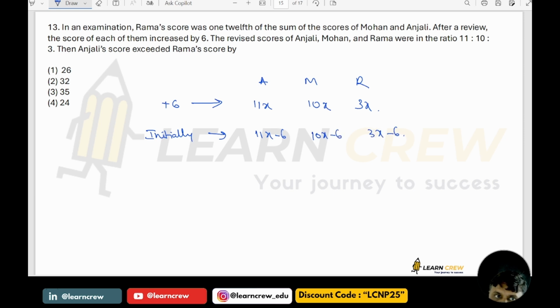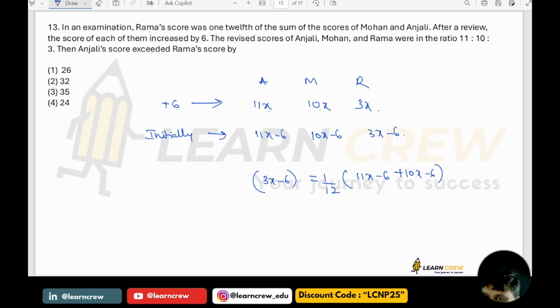It is given that Rama's score, 3x minus 6, is 1 by 12th of the sum of the scores of Anjali and Mohan. So 11x minus 6 plus 10x minus 6.